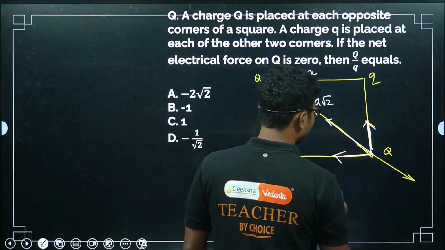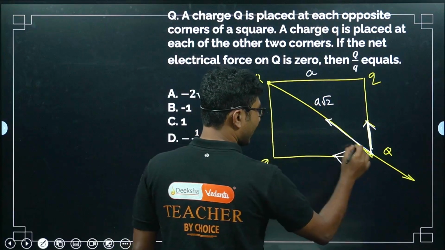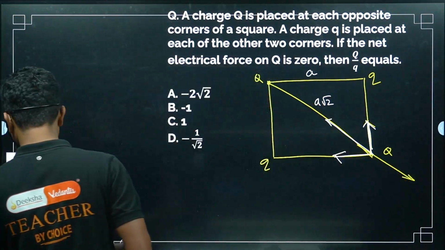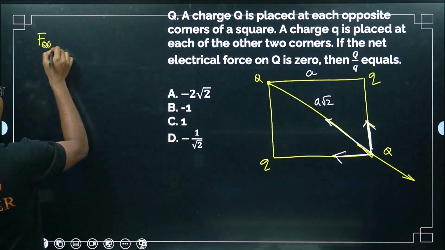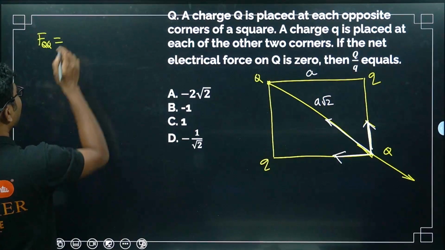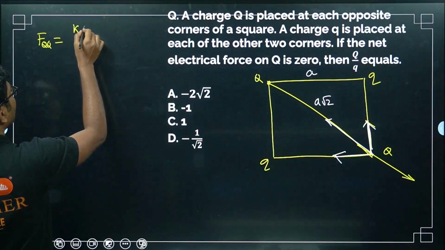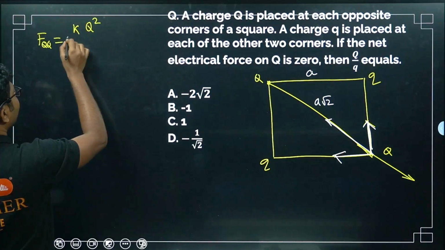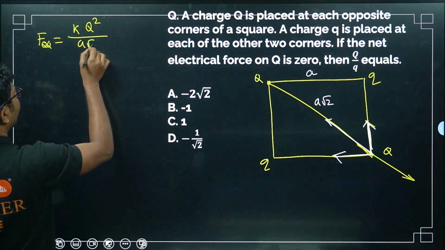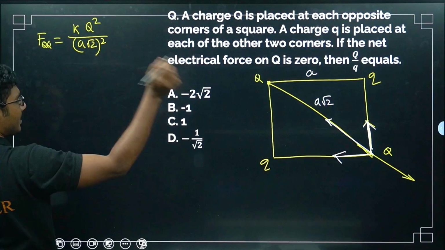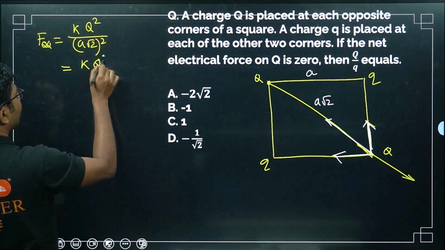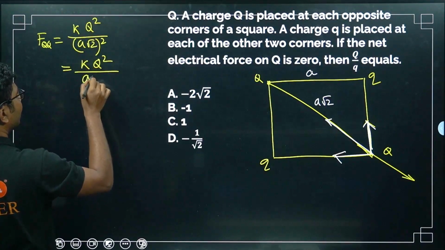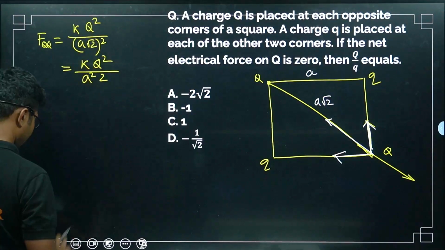So first find this force. This force, that is FQQ, is given by K Q square by A root 2 whole square. Both of them are Q, right? So K Q square by 2A square.